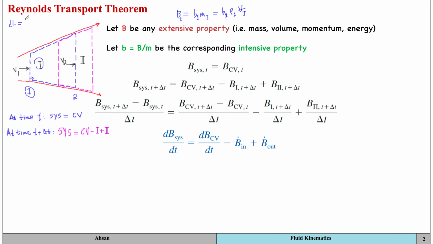So it becomes velocity at 1 into dt, or delta t, whatever I'm looking at.